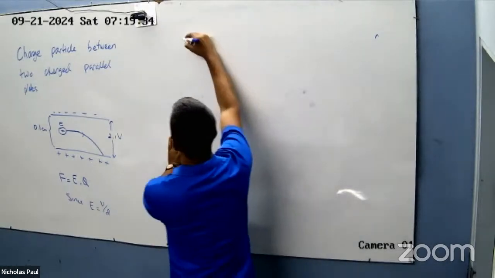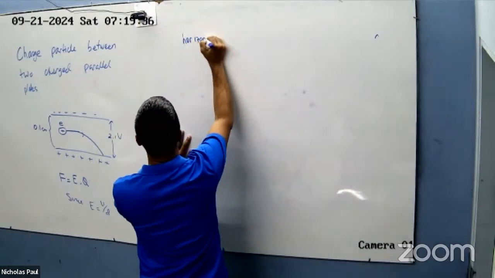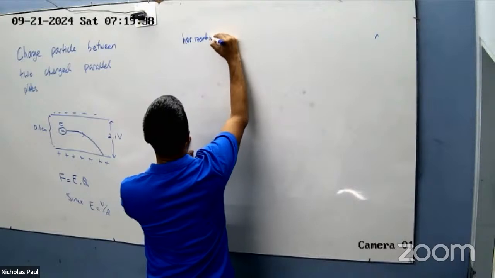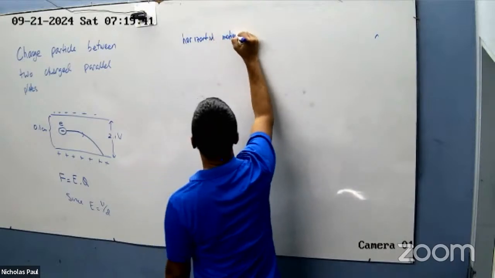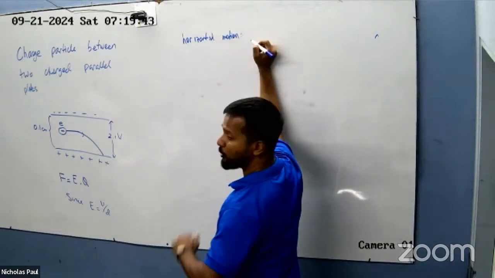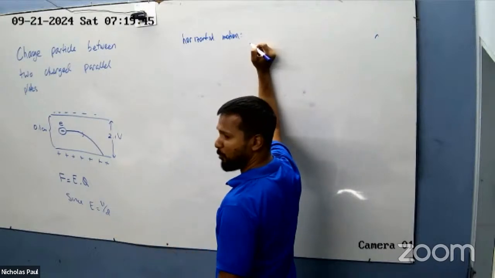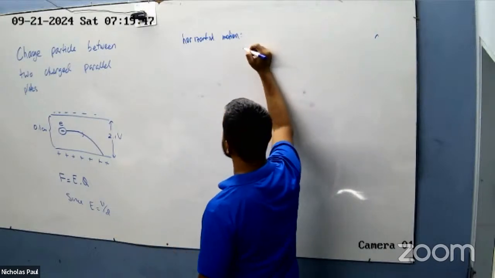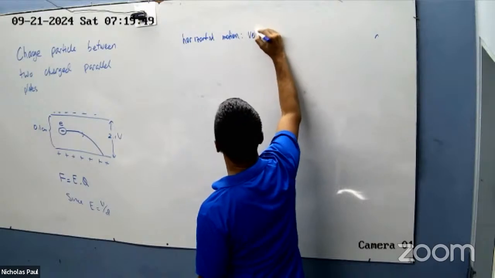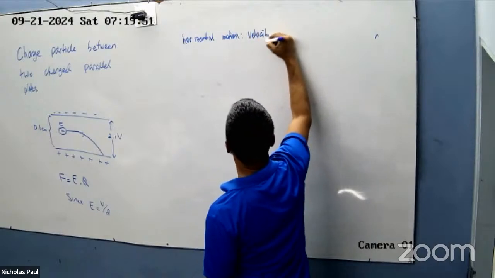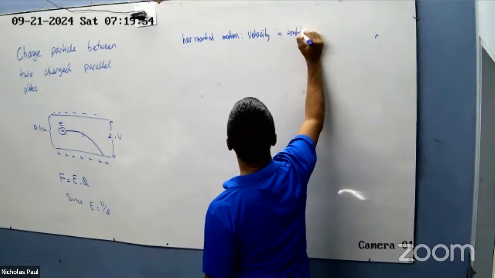What we know about horizontal motion. Horizontal motion, the velocity is constant, right?